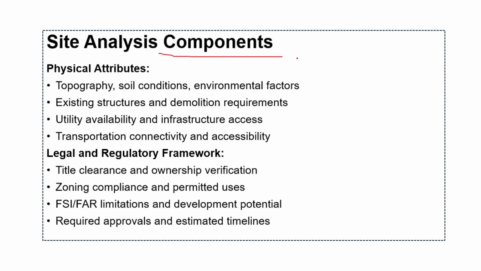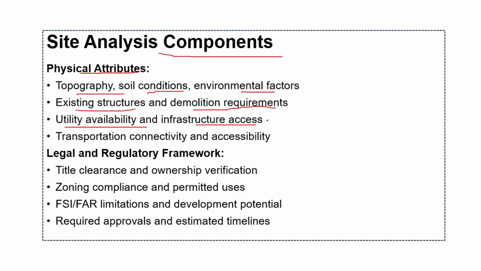So in these site analysis components, we have the site, where we look at the physical attributes of the site. So we will be looking at the topography, soil condition, environmental factors. We will be looking at existing structures and demolition requirements if there are any. Then we will also be looking at utility availability and infrastructure access.